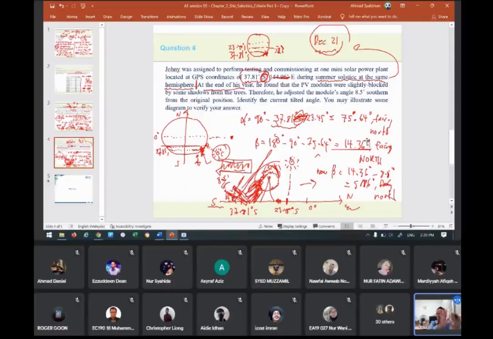So the degree is more adjusted toward the southern, means that we are reducing the original angle. So that's why we minus it. Okay, that's why we get 14.36 minus 8.5. Then we get 5.86 facing to the north. Is the same direction, but the module already almost close to the ground.